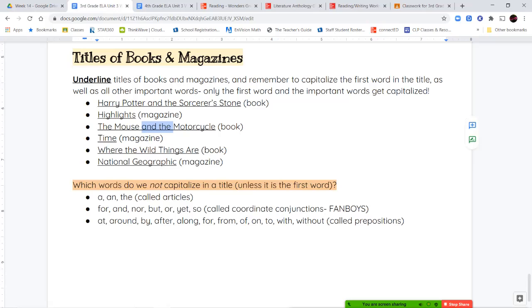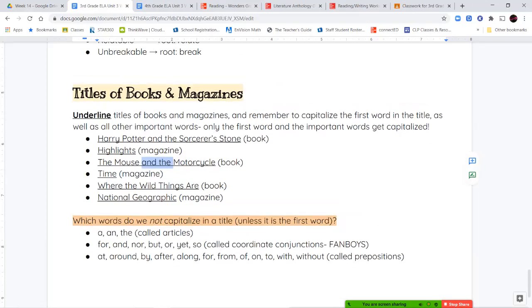So a, an, and the, for, and, nor, but, or, yet, so. These are the fanboys. We've talked about this in the past. Again, only capitalized if they're the first word in the title. Otherwise, they're lowercase. And then prepositions, at, around, by, after, along, for, from, of, on, to, with, or without. Those are prepositions. We don't capitalize those either.